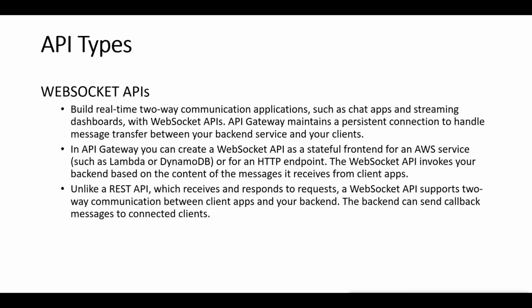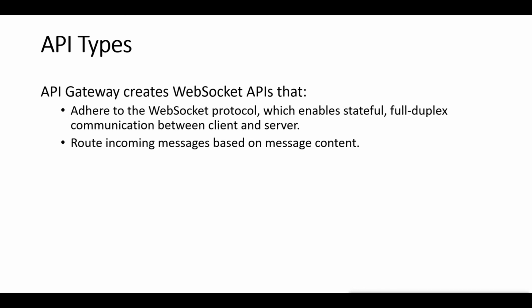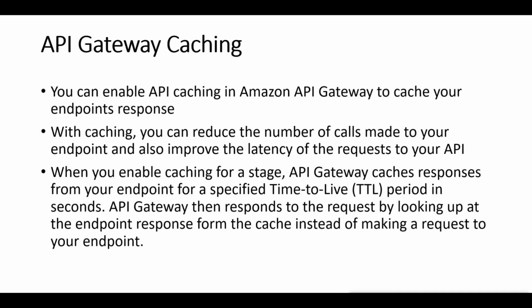Unlike a REST API, which receives and responds to requests, a WebSocket API supports two-way communication between client apps and your backend. The backend can send callback messages to connected clients. And API Gateway creates WebSocket APIs that adhere to the WebSocket protocol, which enables stateful, full duplex communication between client and server. Route incoming messages based on message content.